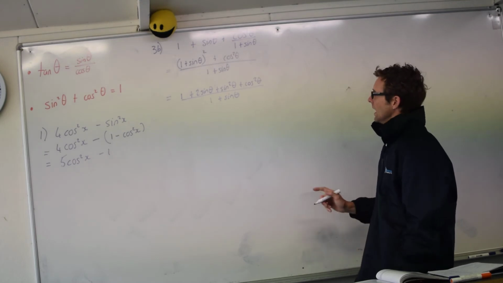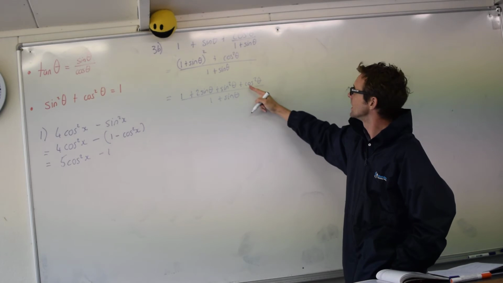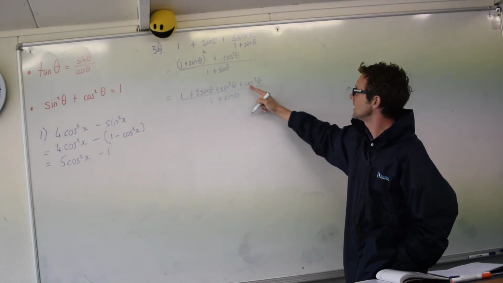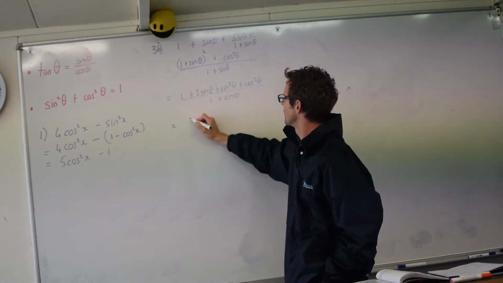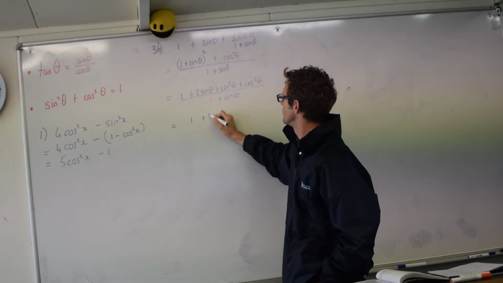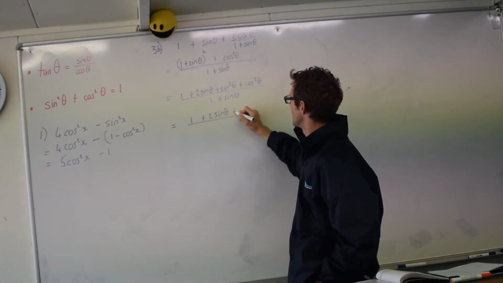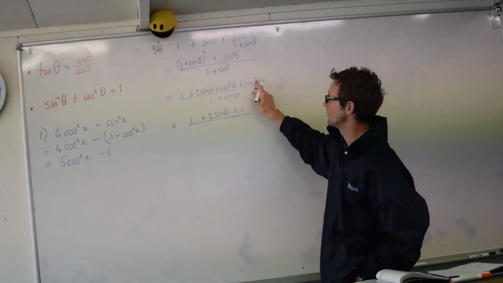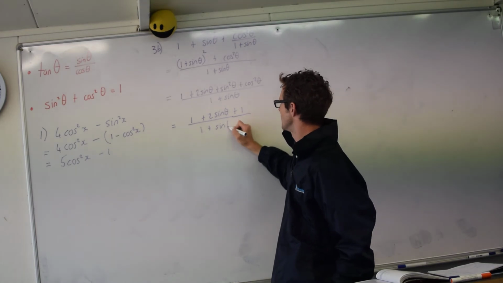Okay, now we know that sine squared theta plus cosine squared theta is equal to 1. So we're going to have 1 plus 2 sine theta plus 1. So that's that bit there, the plus 1, all over 1 plus sine theta.